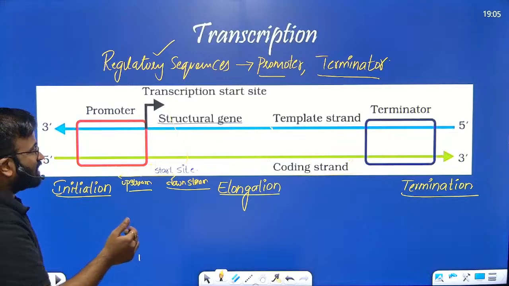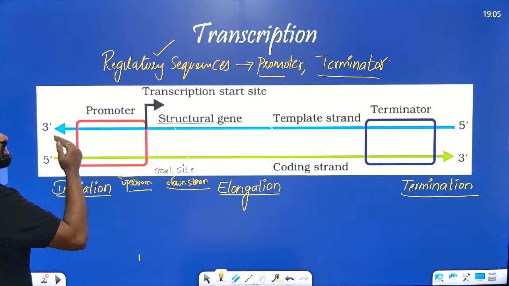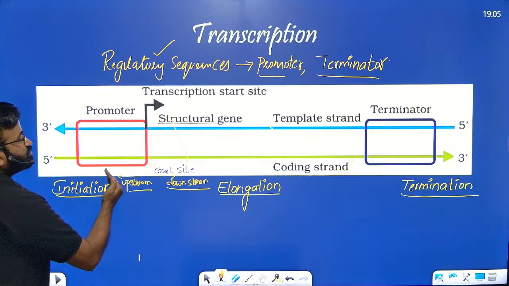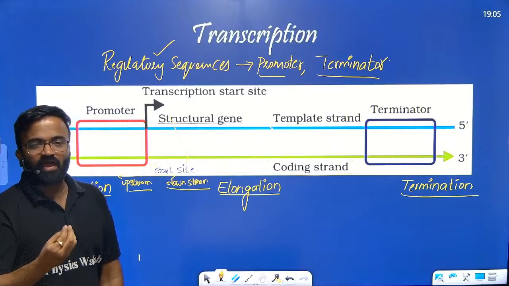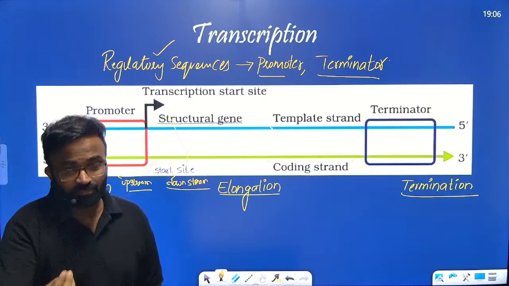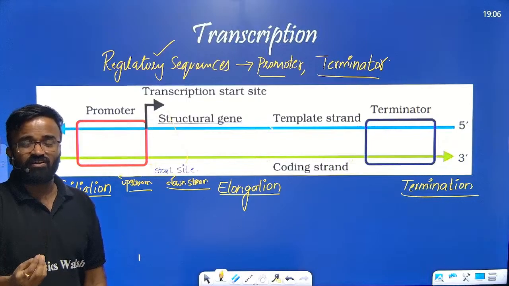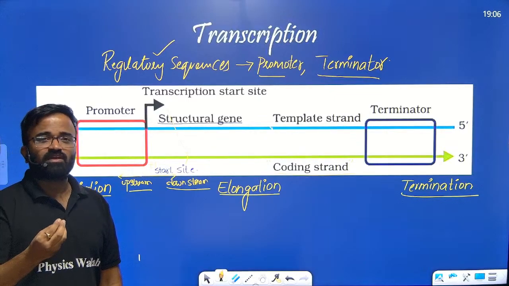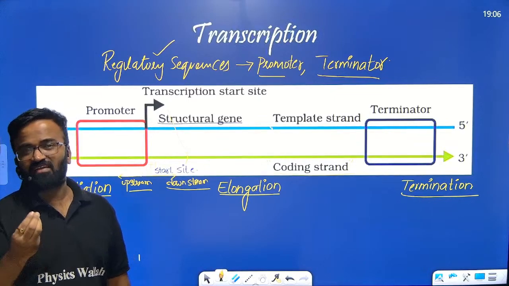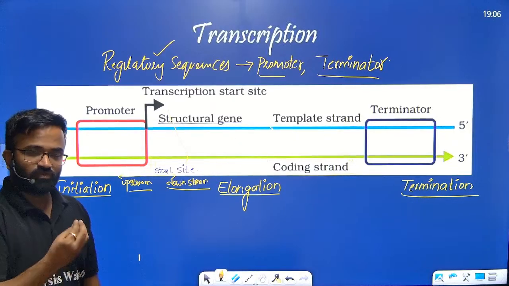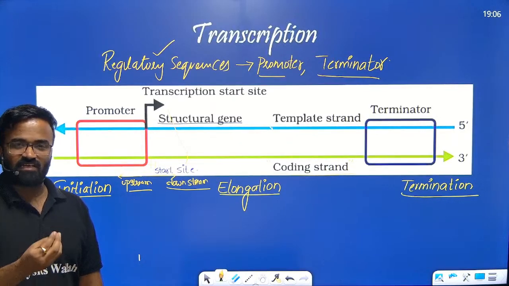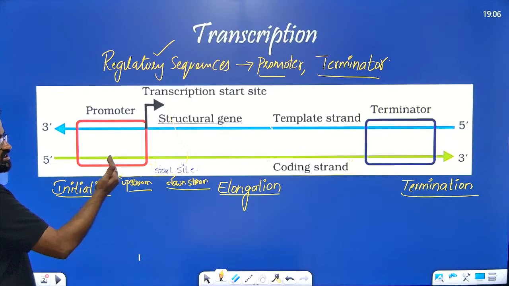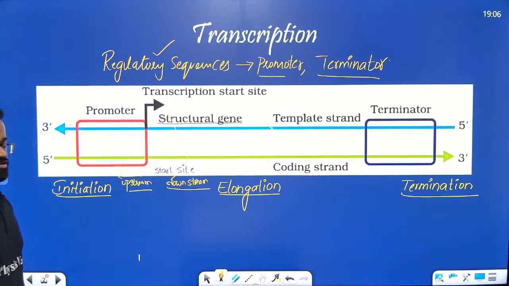Apart from this, there are many more sequences which control the transcription, which are located both upstream and downstream. Why am I specifying this? Because in statement based questions, assertions and reasoning, if you see a statement where they say promoter and terminator are the only sequences which act as regulatory sequences, then it would be wrong, because in NCERT it is clearly mentioned that there are many other regulatory sequences both upstream and downstream.